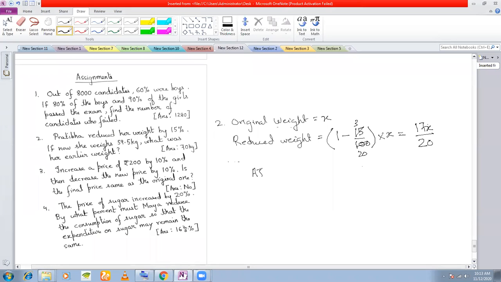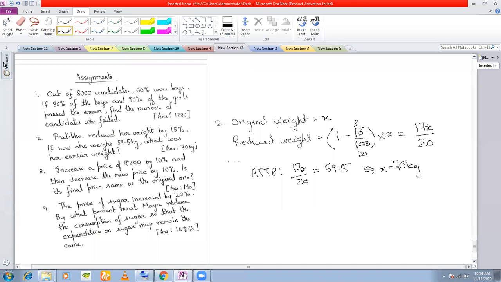So according to the problem, 17x by 20 is 59.5. You solve this equation and you must get x is equal to 70 kg. This was the original weight.